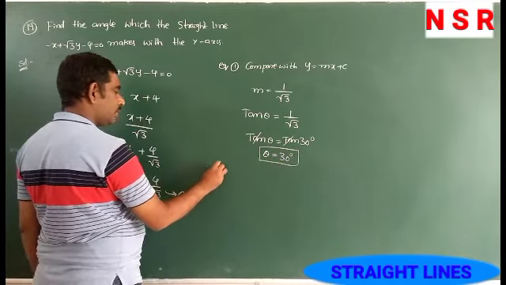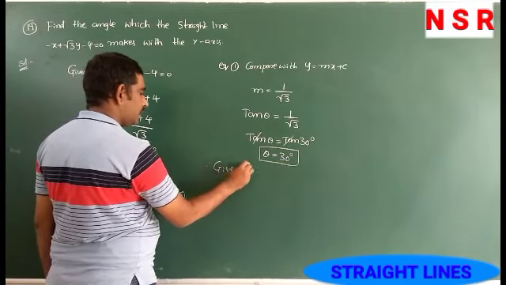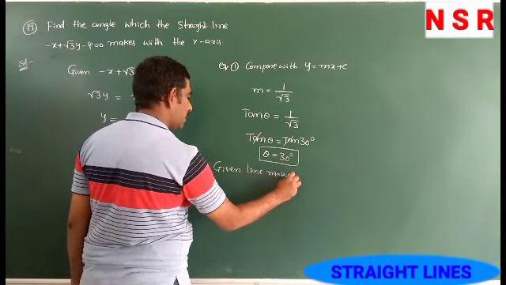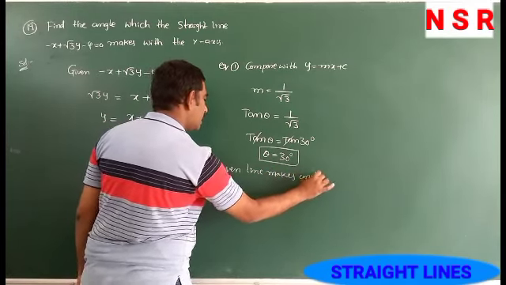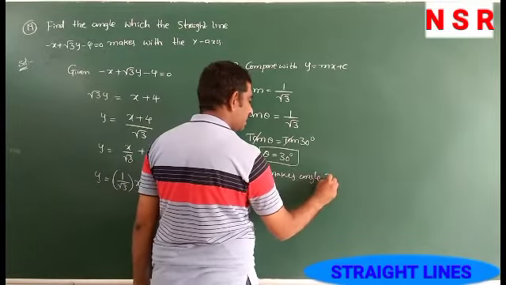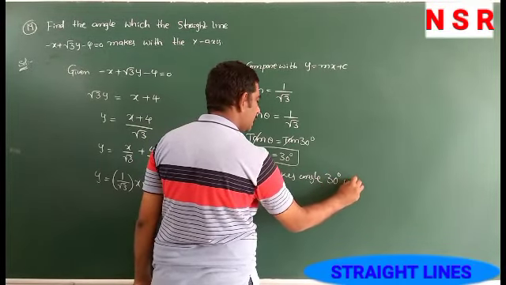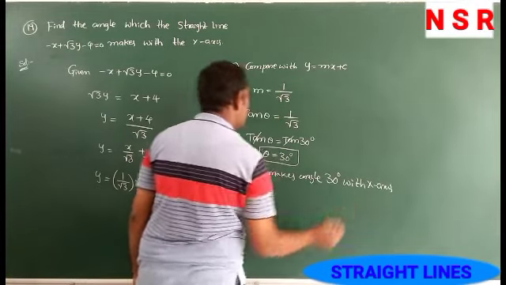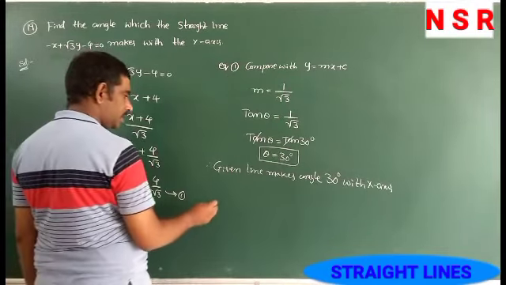So therefore the given line makes an angle of 30 degrees with the x axis, but here we have to find it with the y axis.